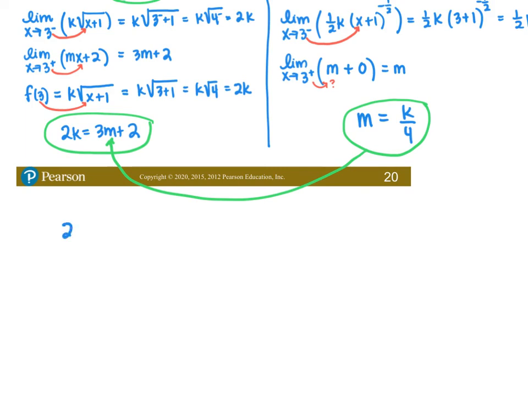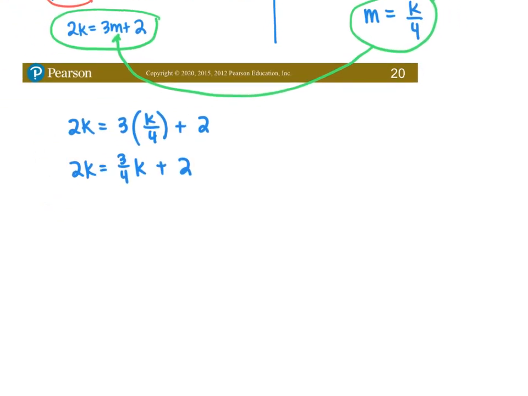So 2k equals 3, and then in place of m, I'll replace it with k over 4, plus 2. In other words, 2k equals 3/4 k plus 2. Now mathematically, I don't like the number 4 as a denominator, so I can multiply each term by 4.